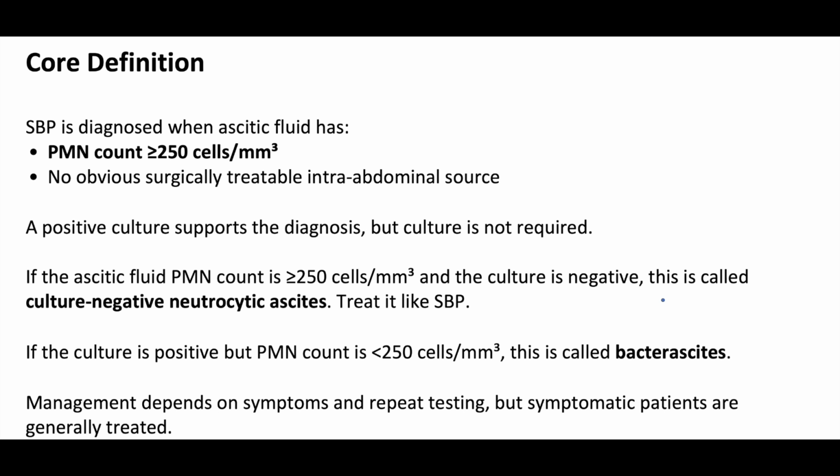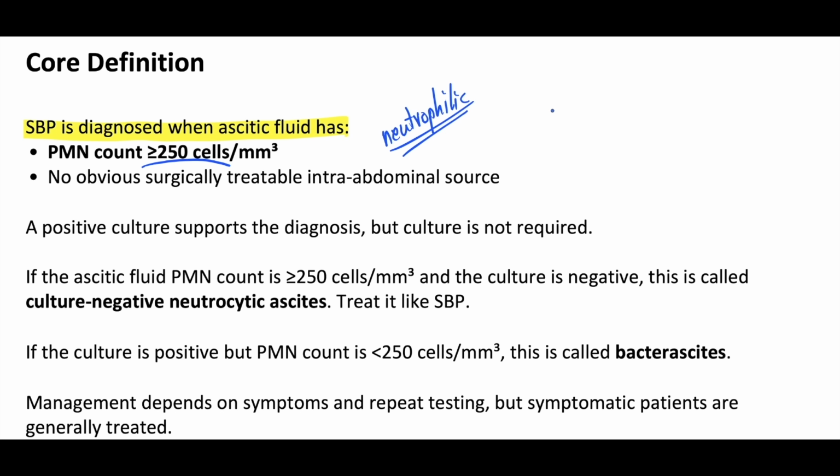All right, core definition of SBP. SBP is diagnosed when the ascitic fluid has a PMN, a polymorphonuclear cell count, of more than 250 cells in that ascitic fluid, right? This is neutrophils of 250 in the ascitic fluid.